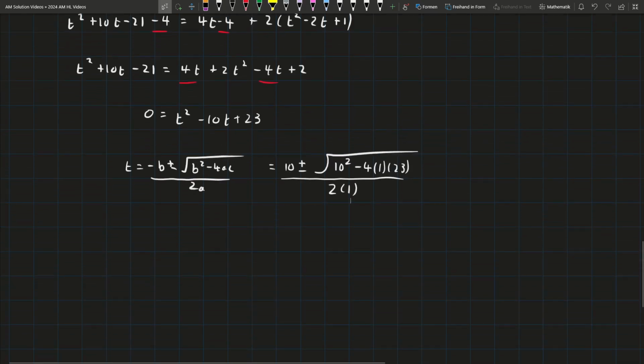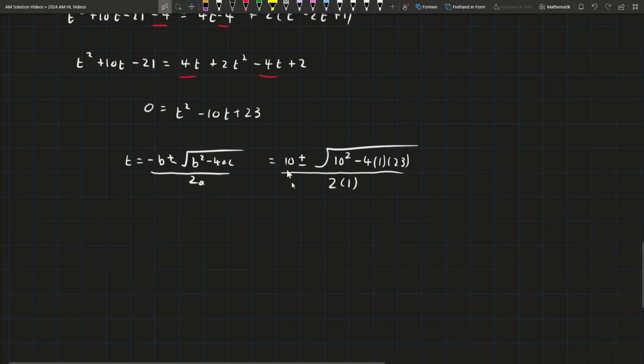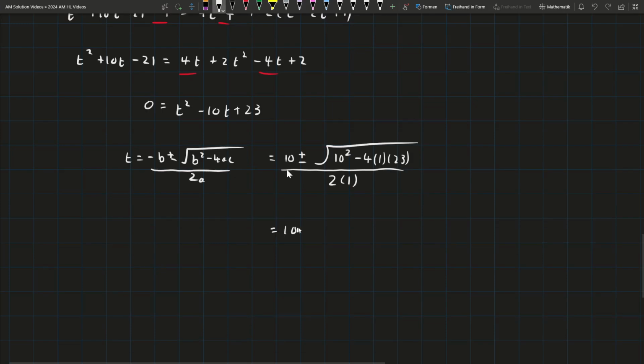If you put the square root into your calculator, you'll get that to be 2 root 2. So we'll have t equals 10 plus or minus 2 root 2 over 2. Sorry, that's going to be 5 plus or minus root 2, because we just divide the 2 into each of them.